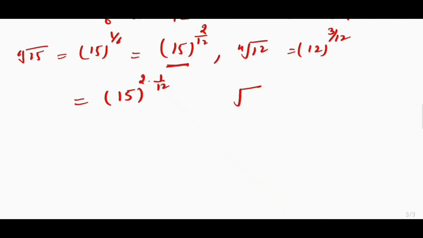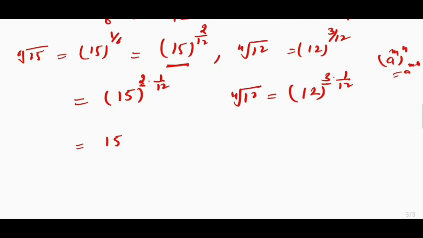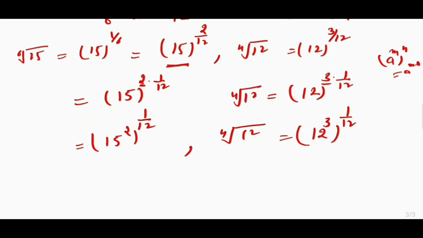And this 12 surd as 12 raised to 3 into 1 by 12. So we know a raised to power m into n is equal to a raised to power mn, correct? So I will take this 2 and this 3 inside. So this will become 15 squared raised to power 1 by 12, and this will become 12 cubed raised to power 1 by 12, correct?